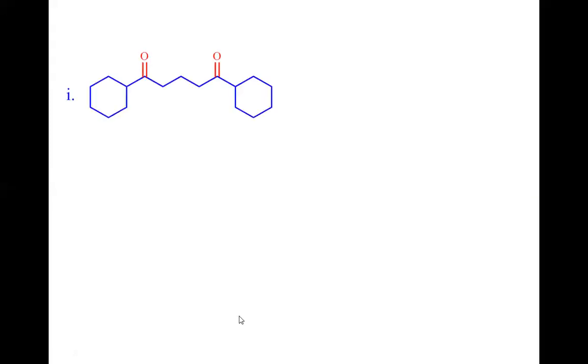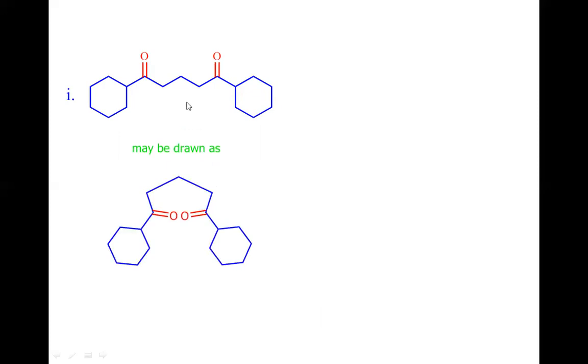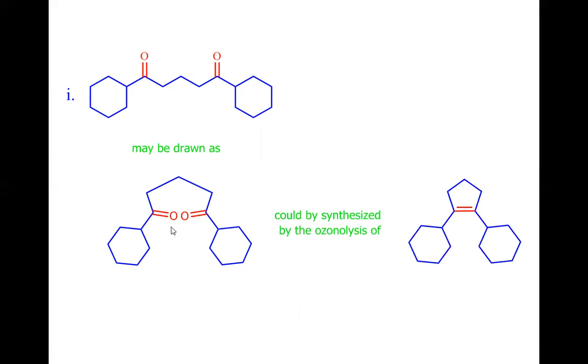So let's take the first case. We may better draw this carbonyl like this. We have done it deliberately just to bring the two carbonyls closer to each other so that we may have the idea how the corresponding alkene looks, because when the two carbonyls come to each other and we remove the two carbonyl oxygens, we have the carbon-carbon double bond here.